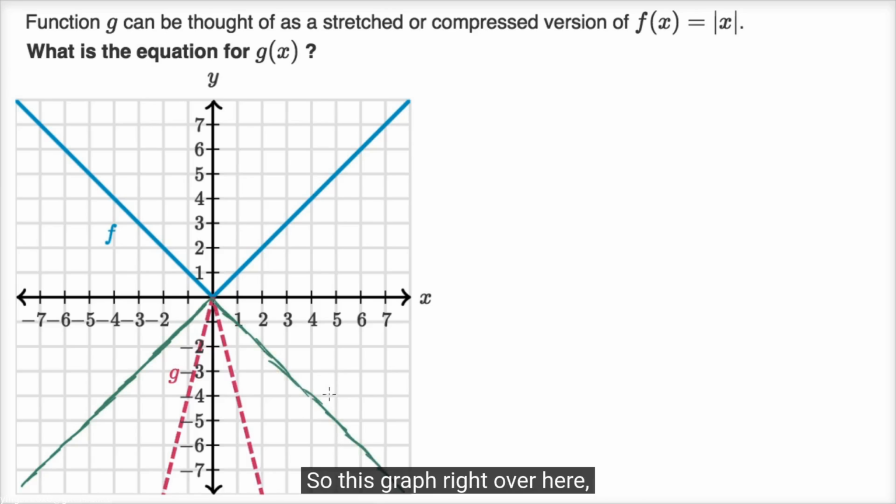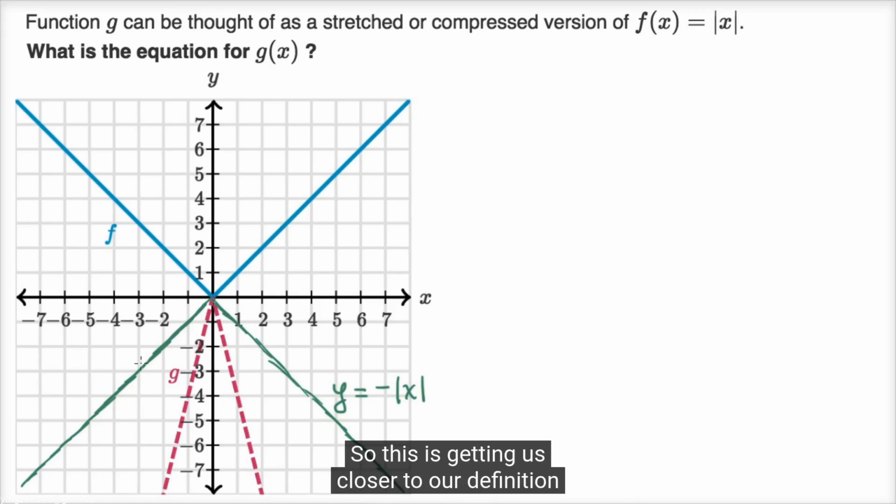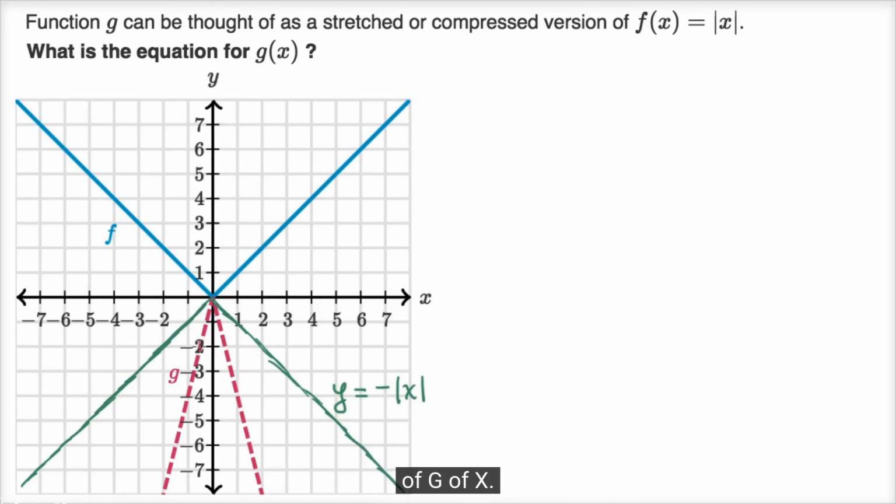So this graph right over here, I'll call this y is equal to the negative absolute value of x. Whatever the absolute value of x would have gotten you before, you're now going to get the negative, or the opposite of. So this is getting us closer to our definition of g of x.